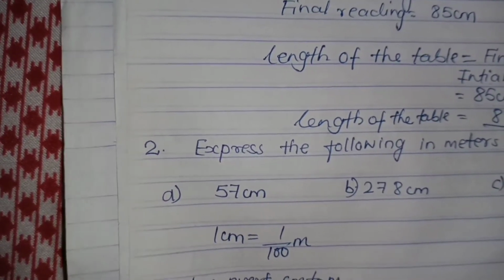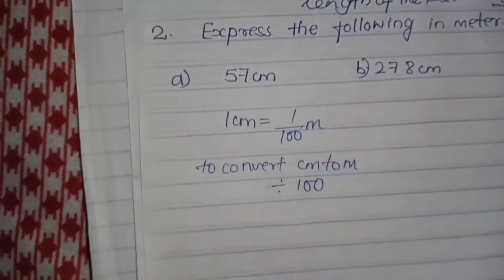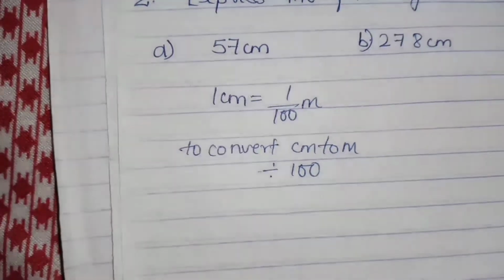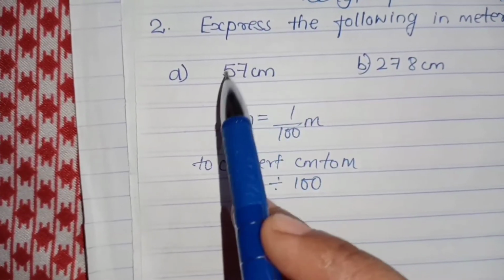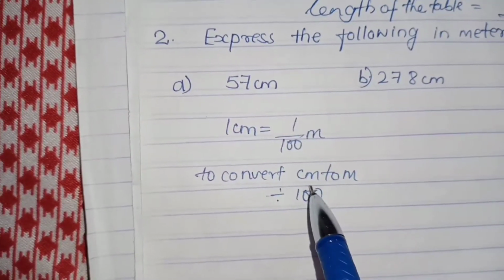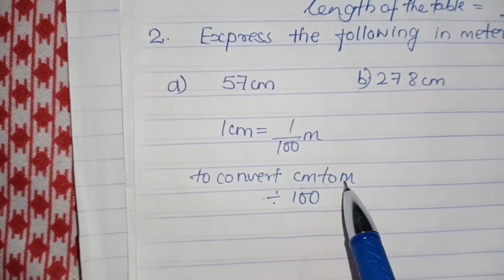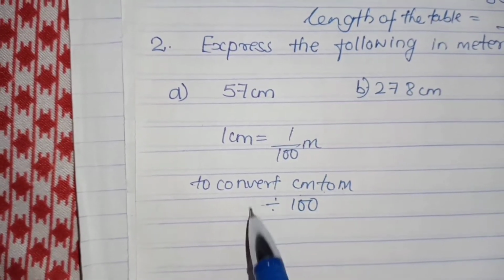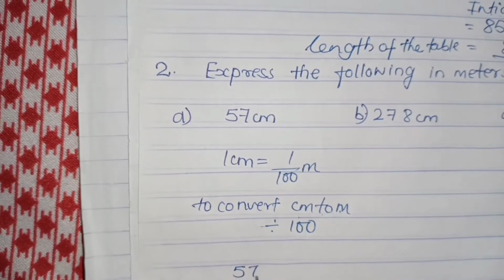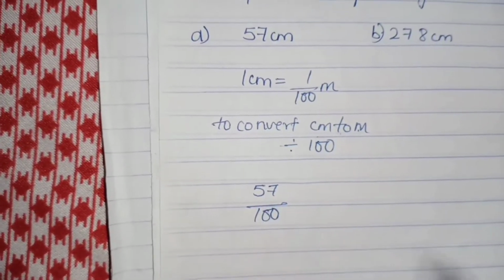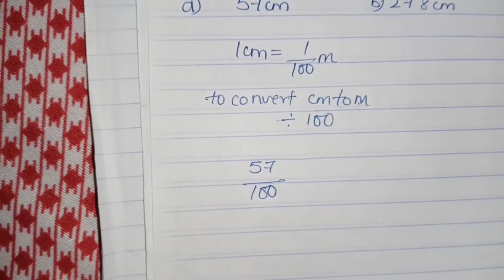We have to divide by 100. See here, we are going to convert this 57 centimeter to meter, and for centimeter to meter we have to divide by 100. So 57 divided by 100. Done.